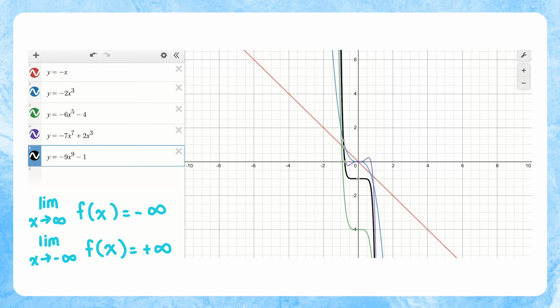So as we go to the far right, we're going more down. And the limit of f of x as x approaches negative infinity is now positive infinity. So when we go to the far left, we go more up. So it's kind of flipped around compared to when our leading coefficient was positive.